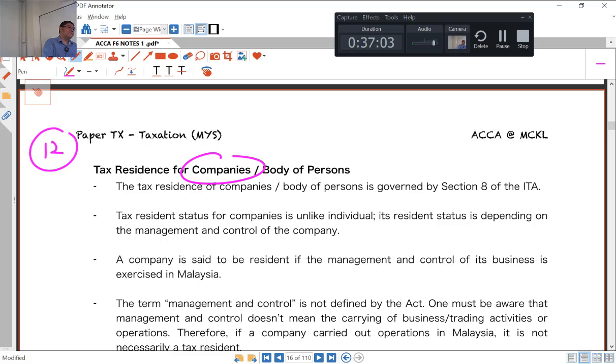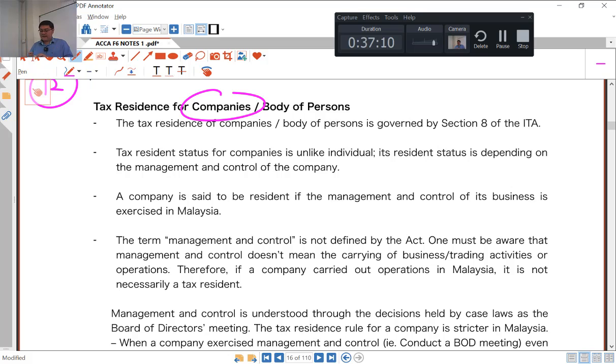What about company? How do you decide if a company is a resident or not? Now company is not a human, so we cannot measure days like an individual. Now this is what the law tells us. The law says that in section 8, the company will be a resident if management and control of the business is exercised in Malaysia.